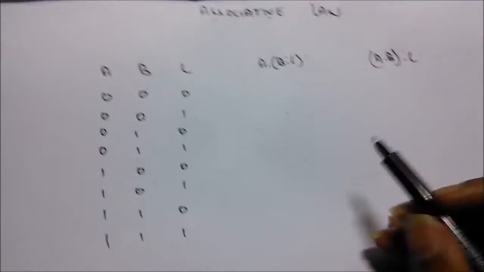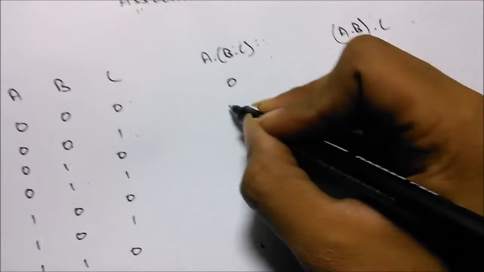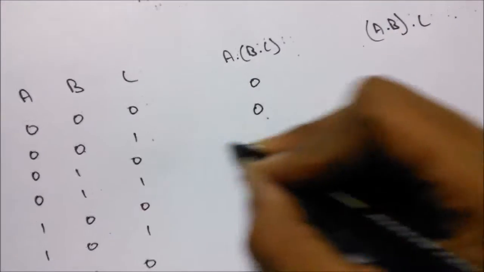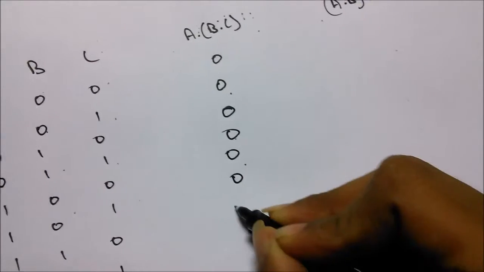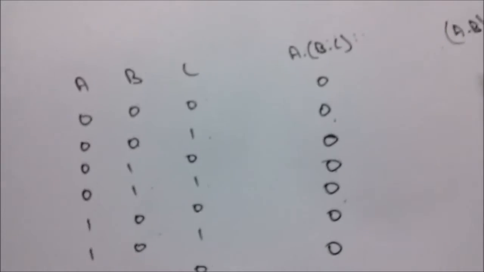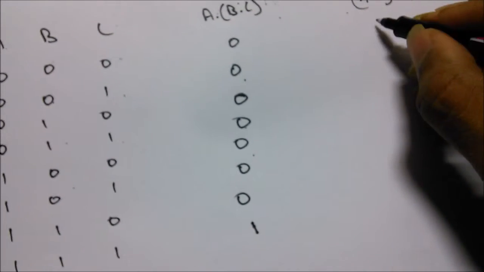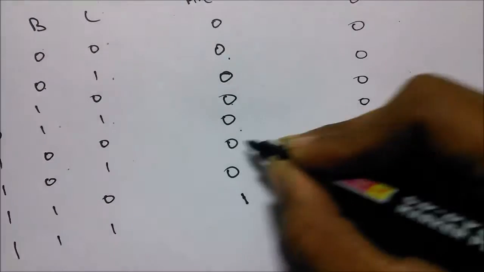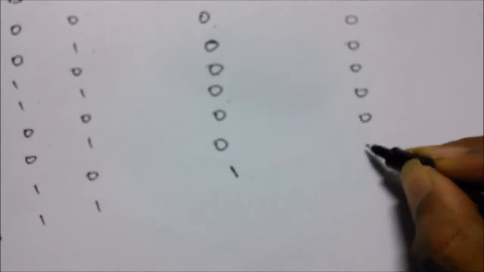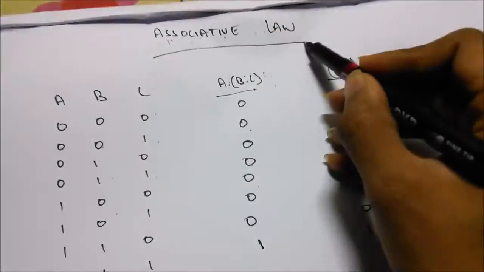After filling, we should get this, and then solving this similarly, we should get this. Since this and this are equal, the associative law is proved.